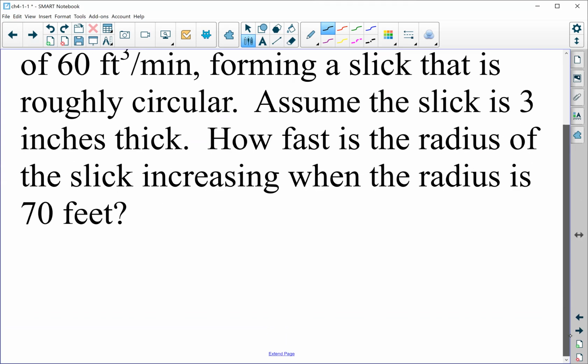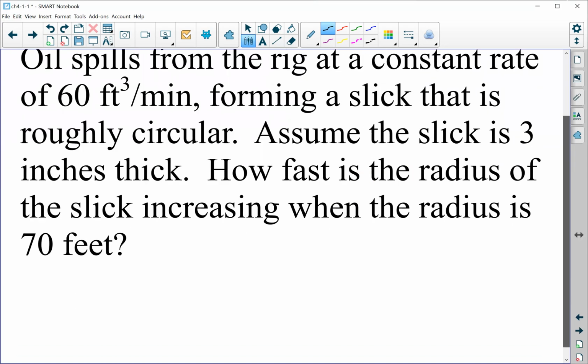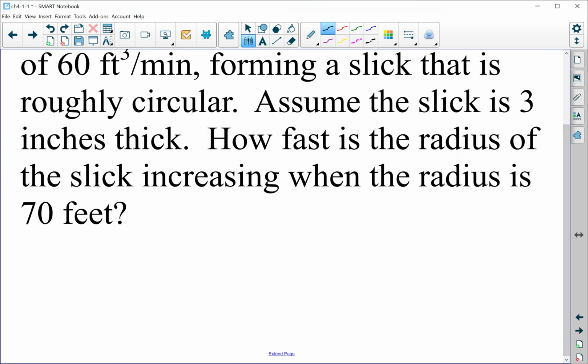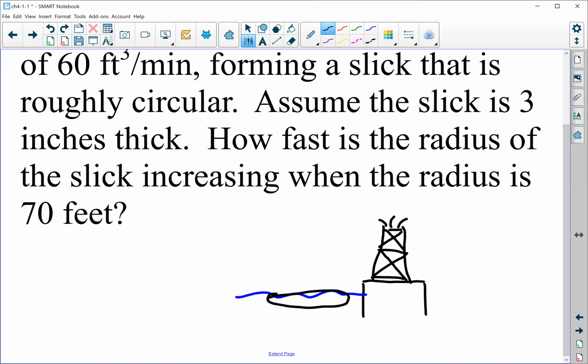All right, so draw a picture of the situation. Oil rig. In the water. Oil slick.